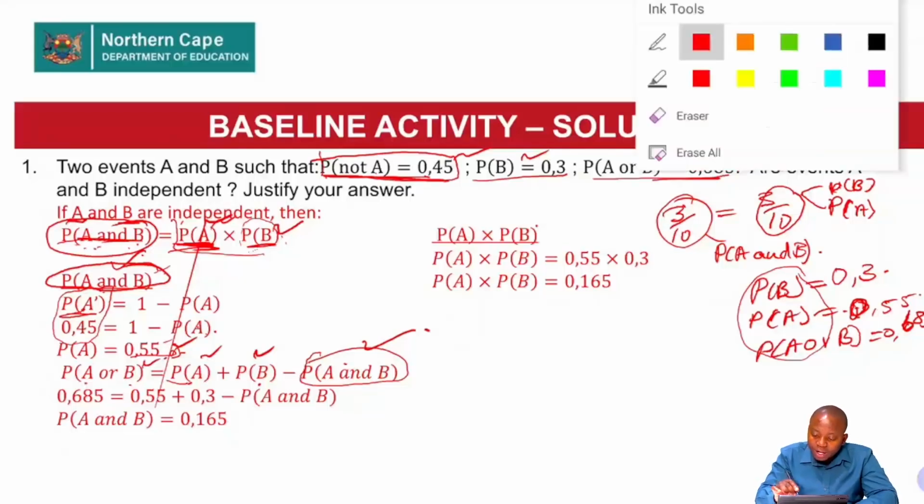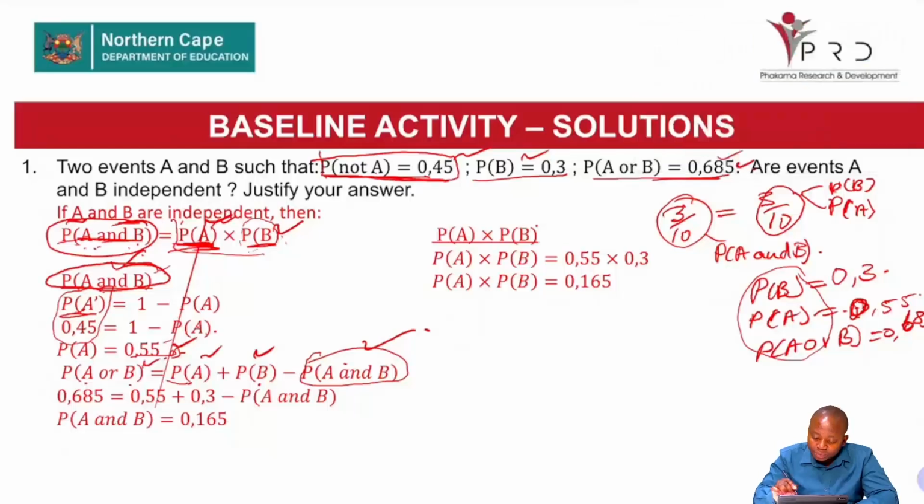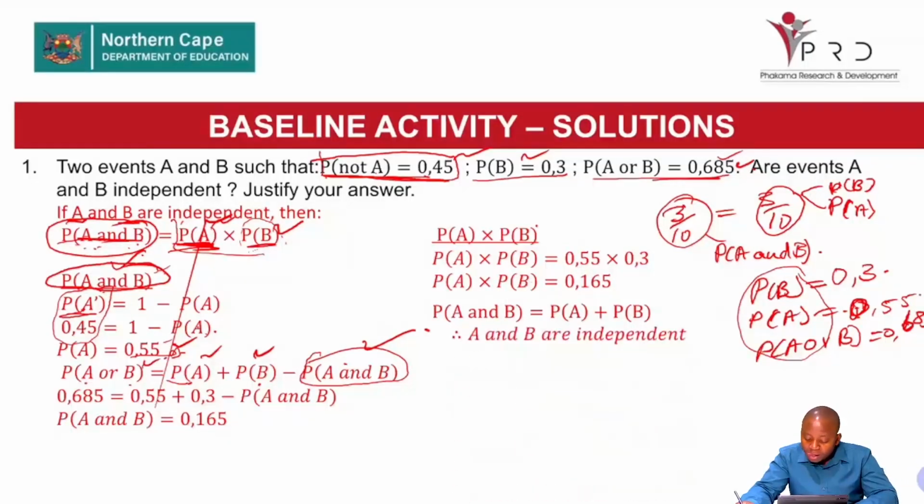Right. Now, as we are proceeding in this case, we are now looking at the probability of A and B. Remember, we already found the probability of A multiplied by the probability of B. Now, if we check the probability of A and B, it's equal to 0.165.